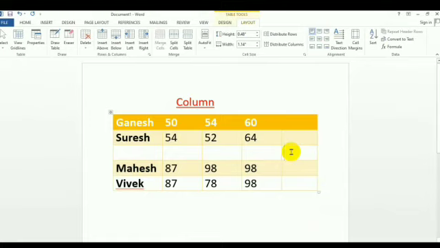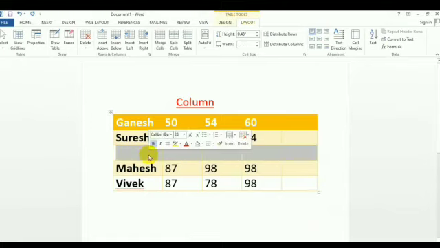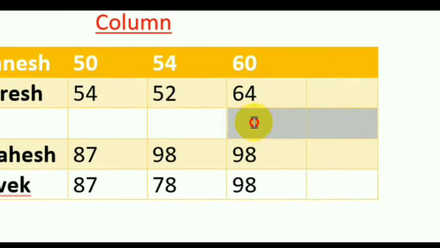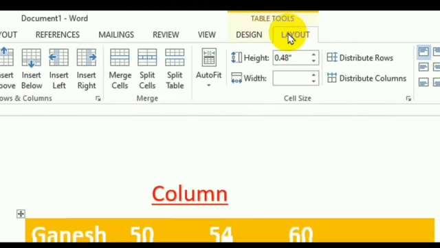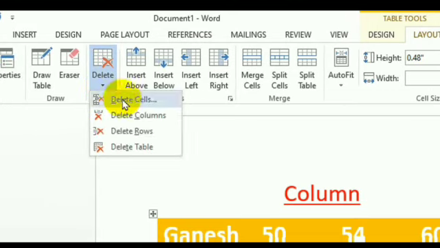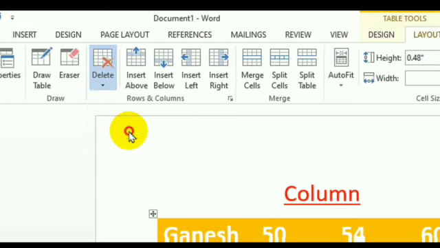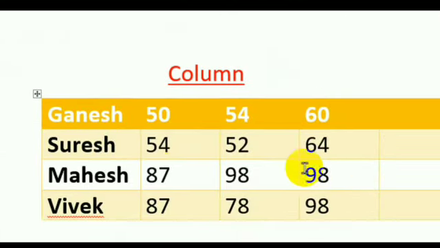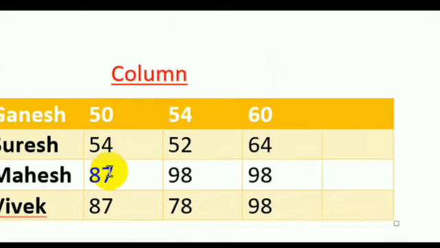We'll delete that row and then we will delete the column. I have selected the row. Now in Layout there is the option Delete, and there is the option Delete Rows. By using this option you can delete any row from the table. Now see how we will delete a column of any table.